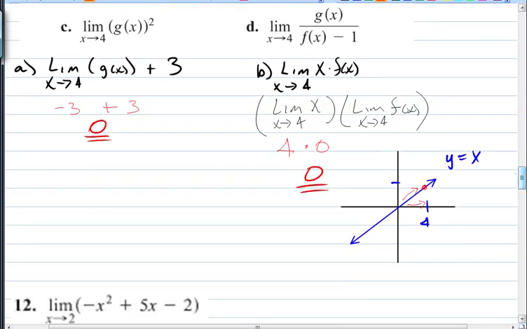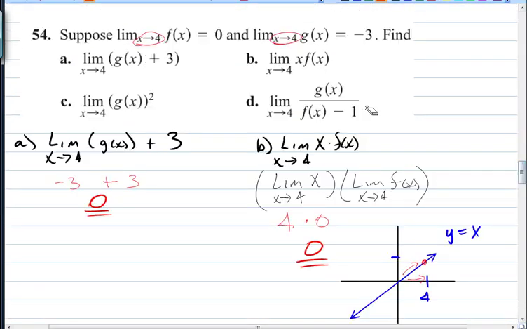All right, let's look at another one. This one deals with the power rule. Part C. We have the limit as x approaches 4 of g of x squared. I had one too many parentheses there. Well, what's the limit as x approaches 4 of g of x?